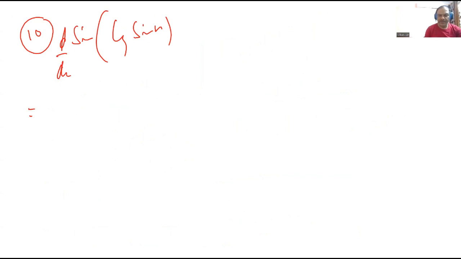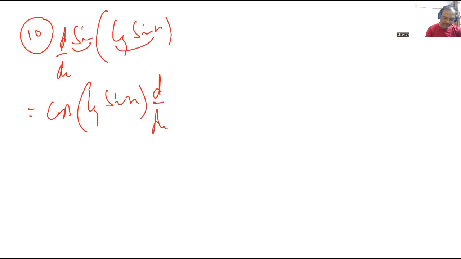Now here, what it will be? It will give you cos log sine x. Now I have differentiated the outer sine. Now the next part is about the log sine x. Now I have to differentiate log sine x. This will give me d by dx of log sine x.